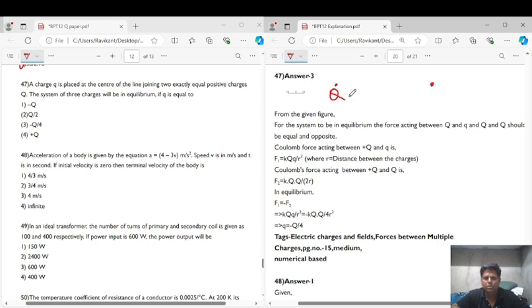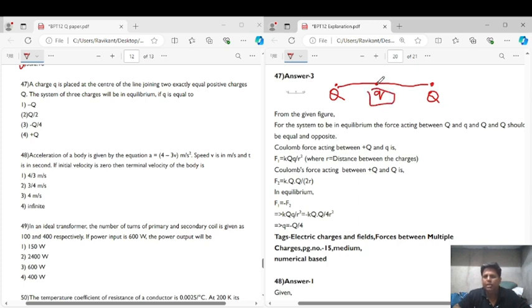This is Q and this is also Q, two exactly equal positive charges, right? And at the center of these two charges, a small q is being placed. They are asking you what should be the value of the small q so that the system is in equilibrium.